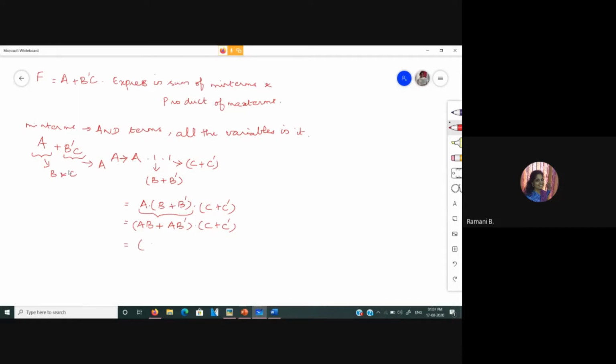So this will be ab plus ab bar dot c, and you will be having ab plus ab bar dot c bar. Again using the distributive law, you will be having abc plus ab bar c plus abc bar plus ab bar c bar.